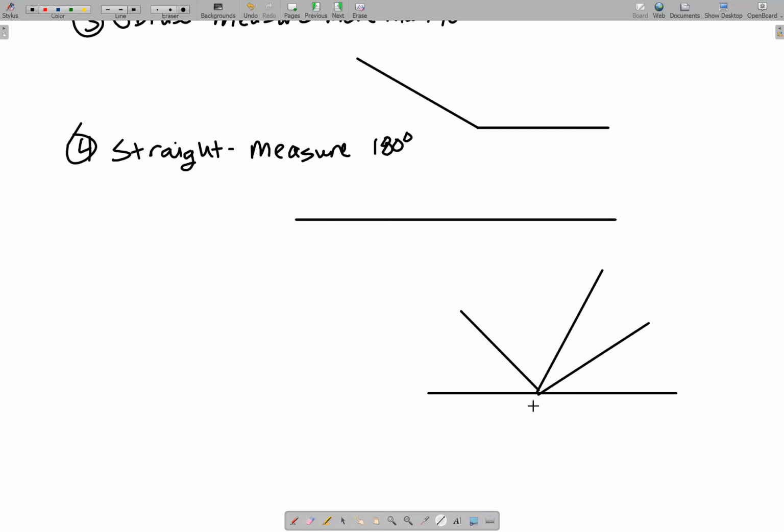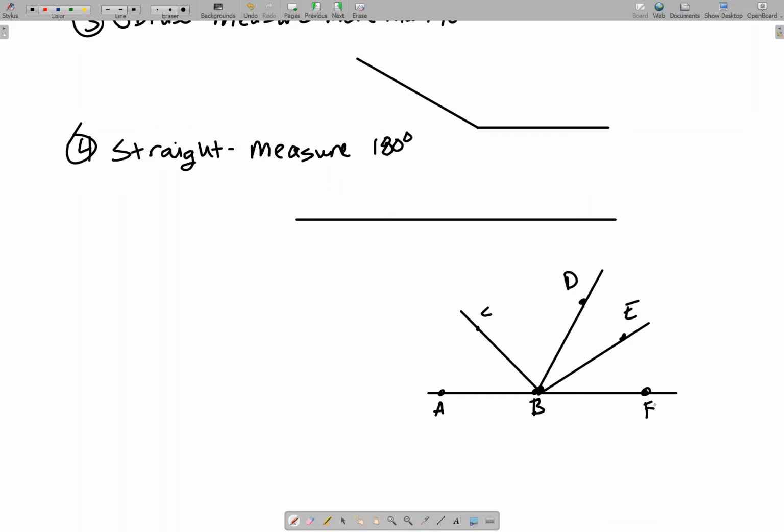And some weird stuff's happening down there, but I think I can cover it up if I just make a great big dot right there. Okay. So I'm not going to measure these, I'm going to name these points. We're going to call this A, we're going to call the center point B, this is C, this is D, this is E, and this is F.